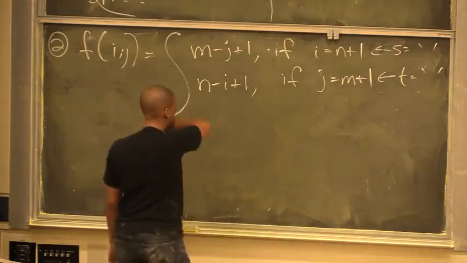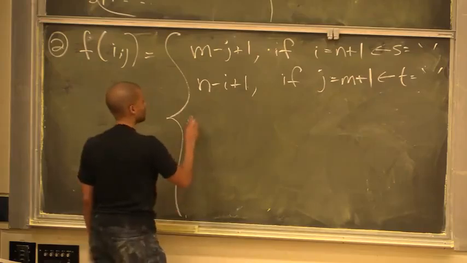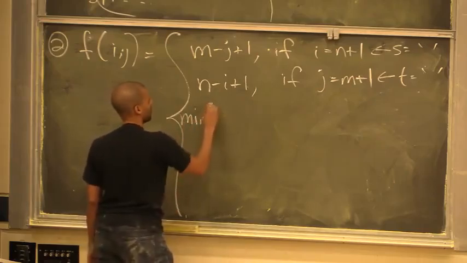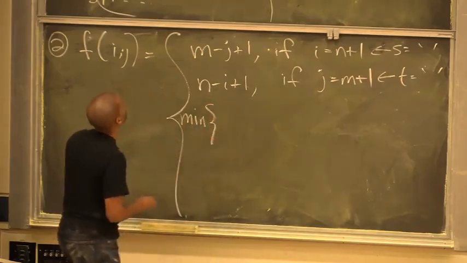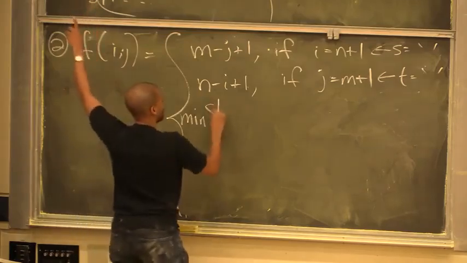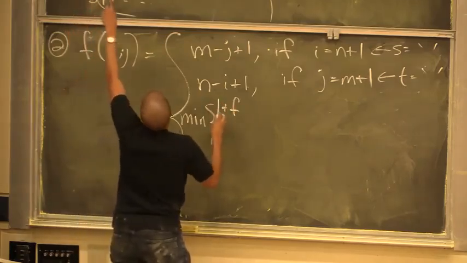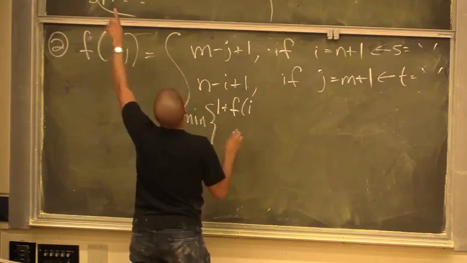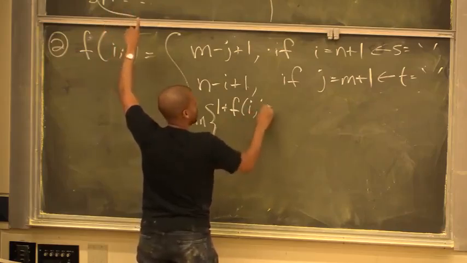So let's say the min of, what is the cost of insertion? I have to insert, that costs me 1 plus F, and then now I still have to recursively turn Si onward into T, but T is now j plus 1 onward.